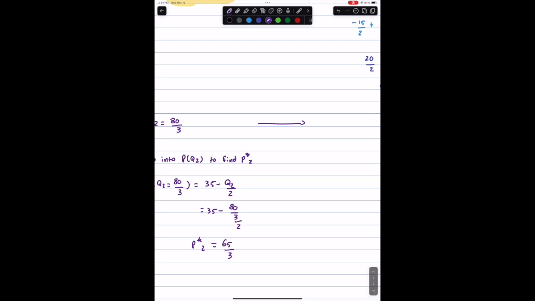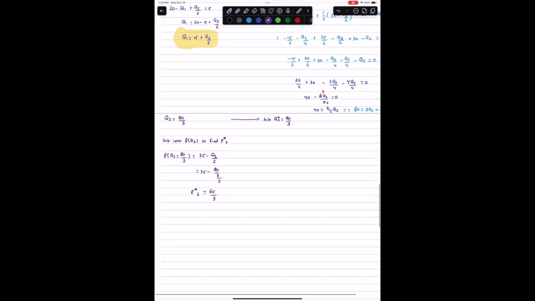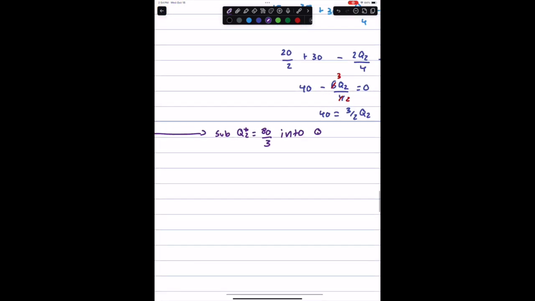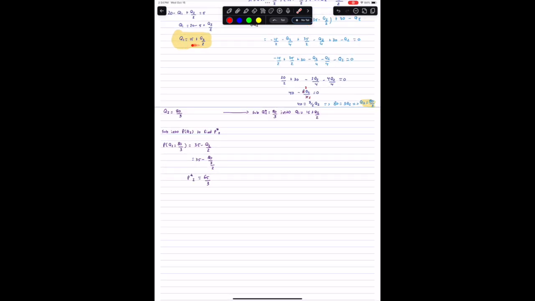Now, we're going to sub Q star 2 equals 80 over 3 into our Q1 equation, which is equal to 15 plus Q2 over 2, which is this equation right here. All right, so we know that Q1 is equal to 15 plus 80 over 3 over 2, which is equal to 85 over 3.